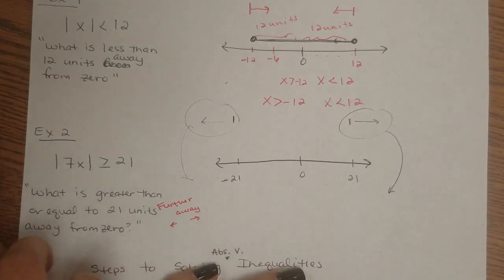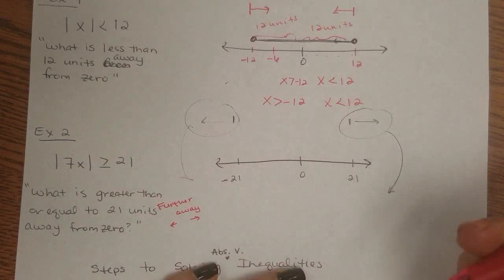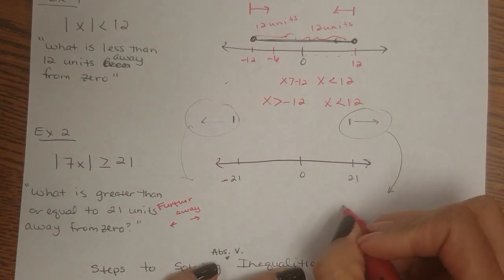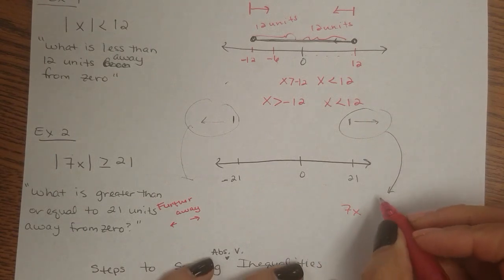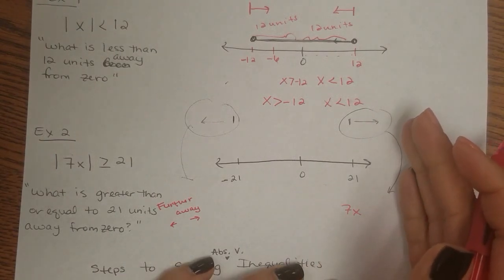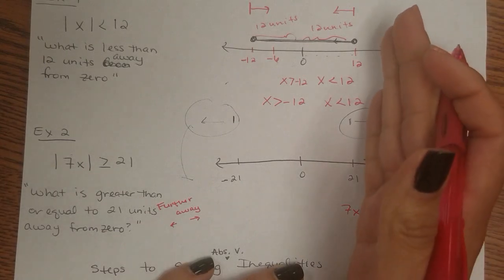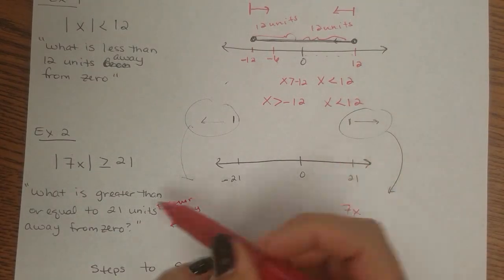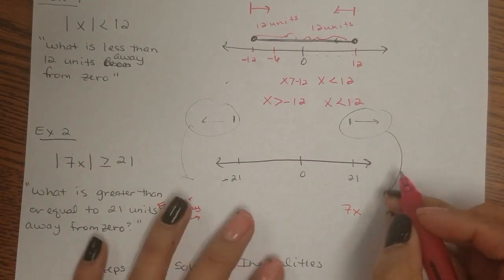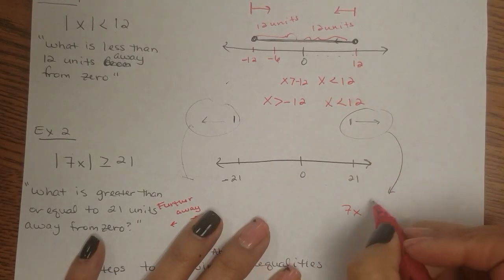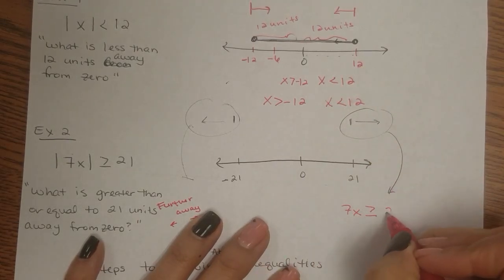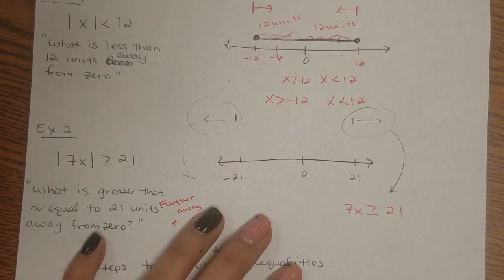So what number could I plug in here for x that would be 21 units or more away from 0? If we're moving to the right, it has to be greater than or equal to 21 units away.